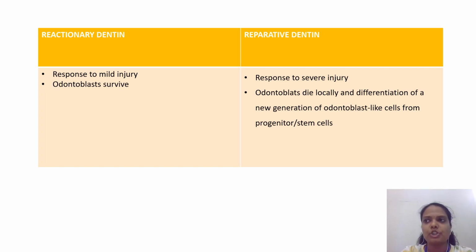During a mild injury, the odontoblasts do not completely die and they survive, and in such cases the odontoblasts produce a tertiary dentin called reactionary dentin. Whereas reparative dentin is produced as a response to a severe injury. Here, odontoblasts die locally and differentiation of a new generation of odontoblast-like cells from progenitor or stem cells happens, and this gives rise to a tertiary dentin called reparative dentin.